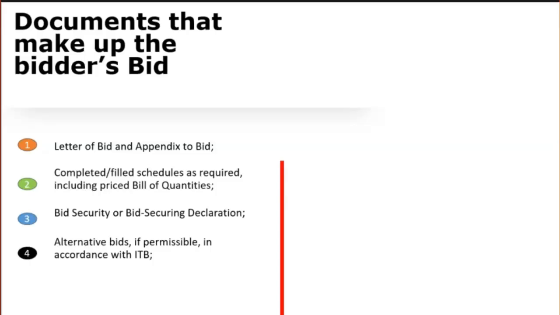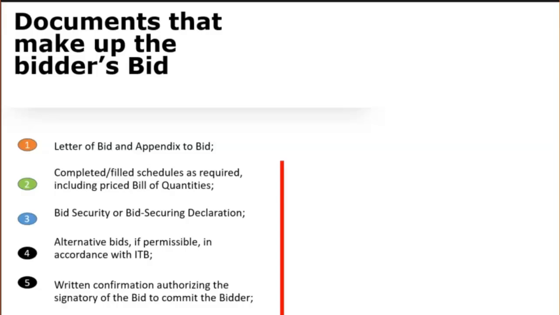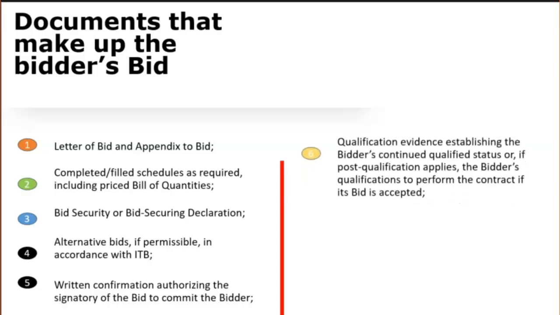Number 5 is written confirmation authorizing the signatory of the bid to commit the bidder. Number 6 is qualification evidence establishing the bidder's continued qualified status, or if post-qualification applies, the bidder's qualifications to perform the contract if its bid is accepted.